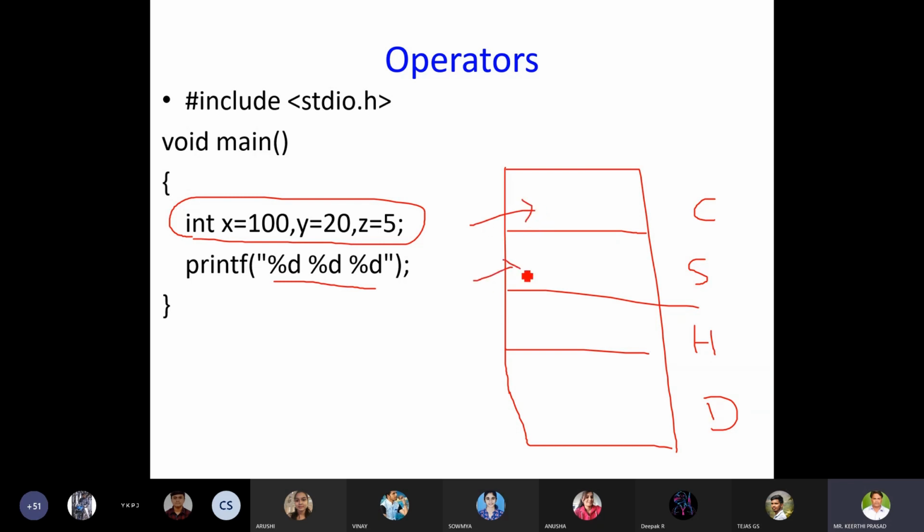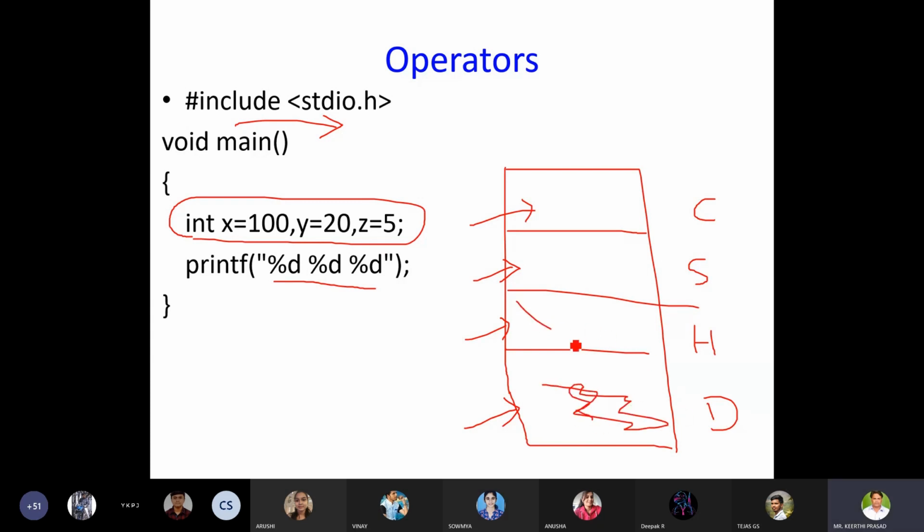What will be there in the stack segment? What can be stored in the heap segment? What can be stored in the data segment? The data segment is a place for storing global variables or constants. Anything you declare before main is a global variable. All the global variables are stored here. Am I clear? All the global variables will occupy space in the data section. Understood? This is the place.